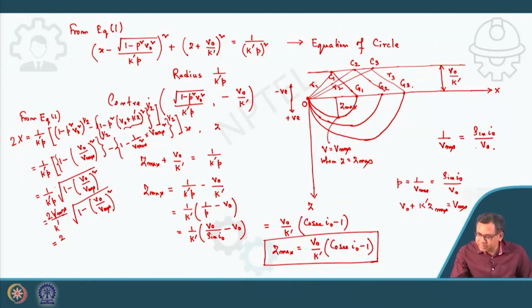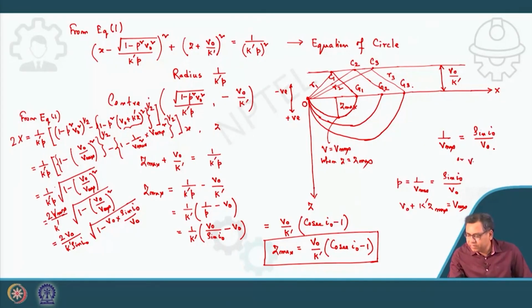So the V max will be V0 by sin I0, and root over 1 minus, this will be V max, so V max will be V0 into sin I0 divided by V0. Okay, because I am just replacing V max, 1 by V max is equal to sin I0 by V0, or V max is equal to V0 by sin I0.